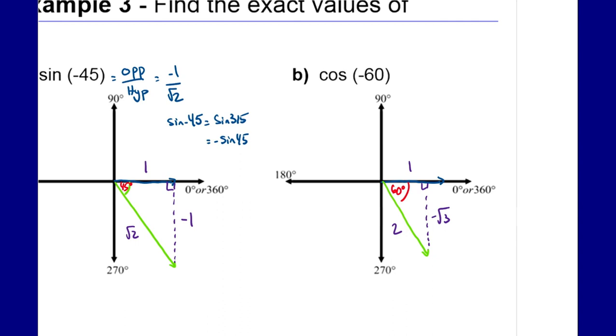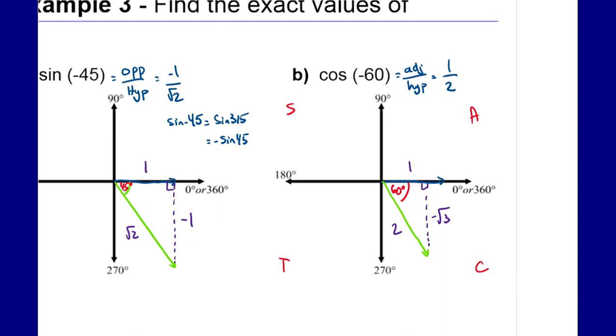For cosine, cosine is adjacent over hypotenuse. So adjacent is 1 over hypotenuse, which is 2. That means I have a positive ratio, which makes sense because, if we label the CAST rule, cosine is positive in this quadrant.